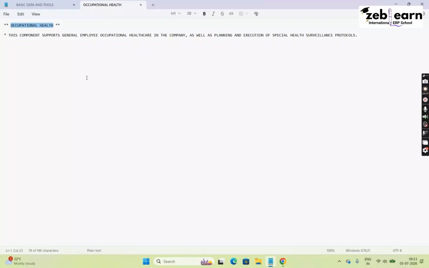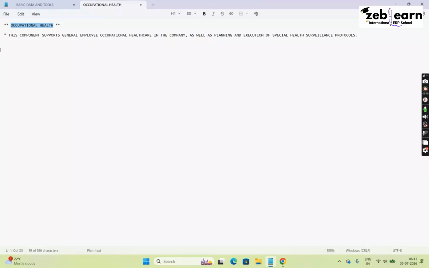HR related. Yeah, absolutely correct. We have to access the data from the HR database because occupational health means the health of the employees. And when I say employees, they are the people who are working in the company and their information is available with HR. Therefore, the number one integration in occupational health is between occupational health and the HCM module. That is the most important integration.